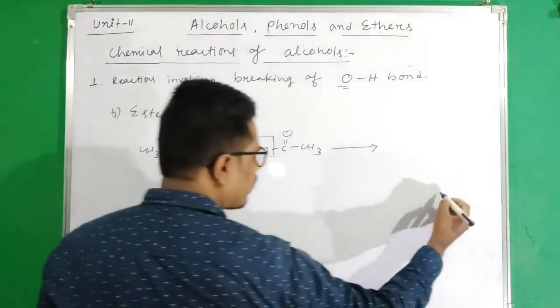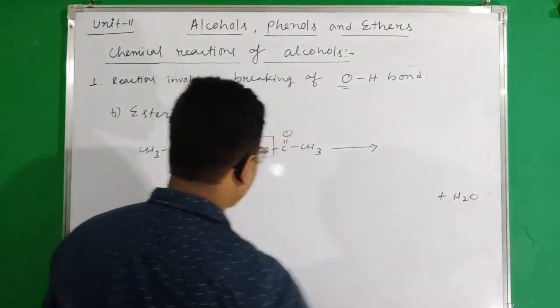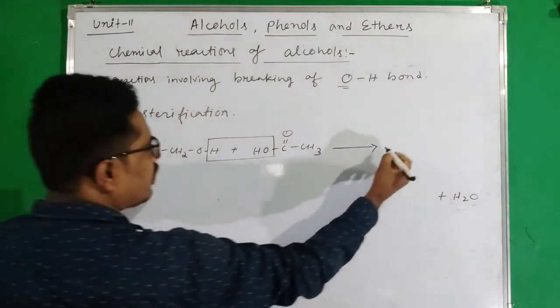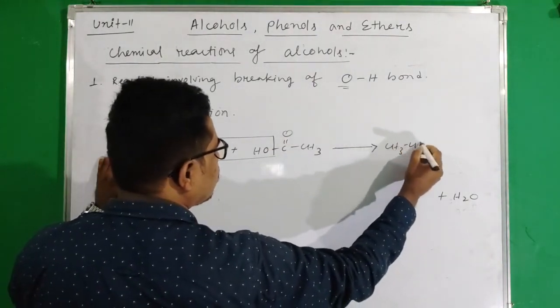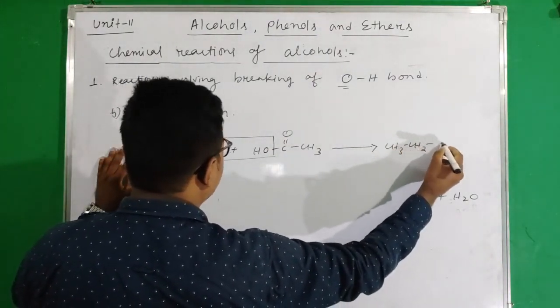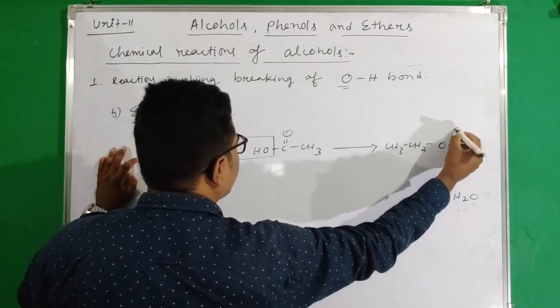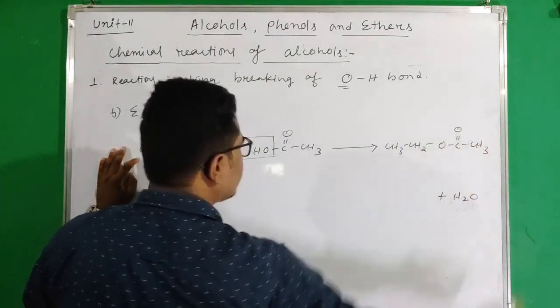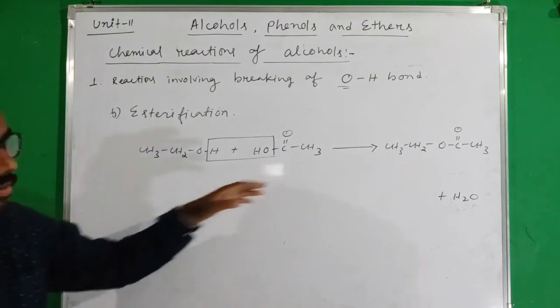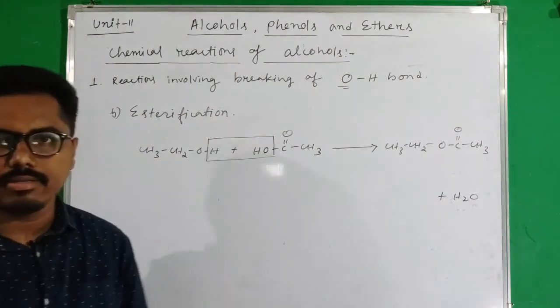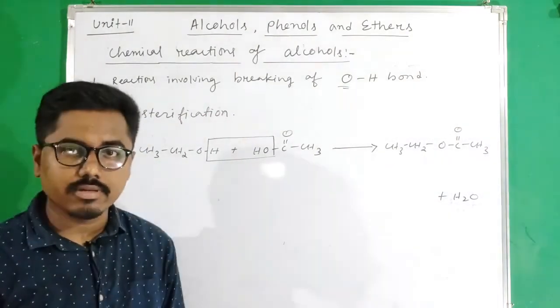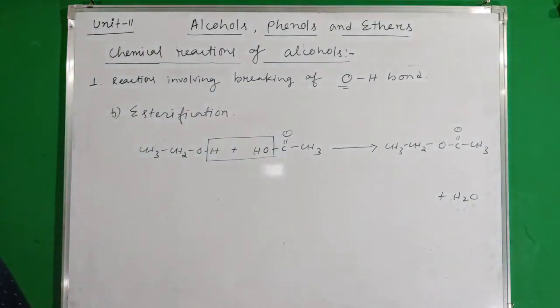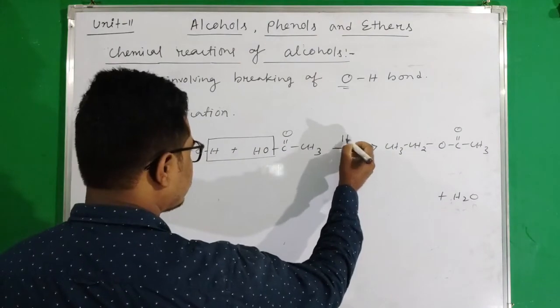Okay, and the side product is water, and then we will get CH3CH2OCOCH3. So this compound is known as ester, and the chemical reaction is known as esterification reaction. Okay, but this reaction takes place in presence of an acid.